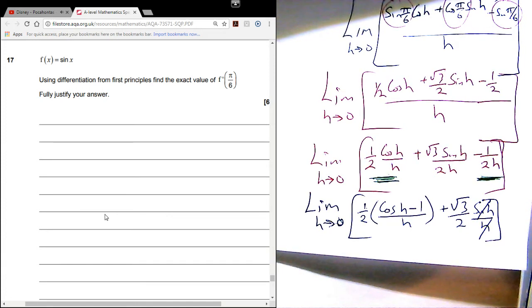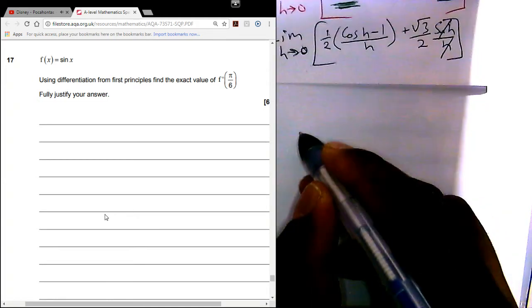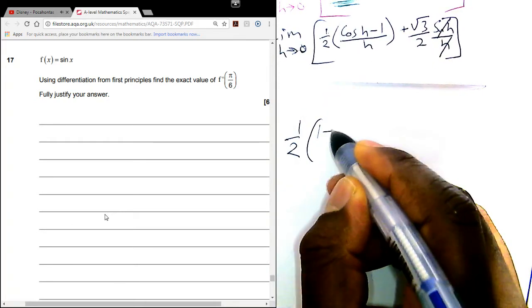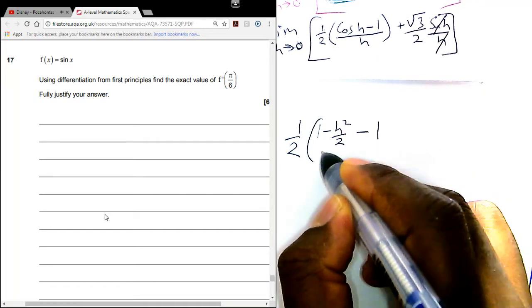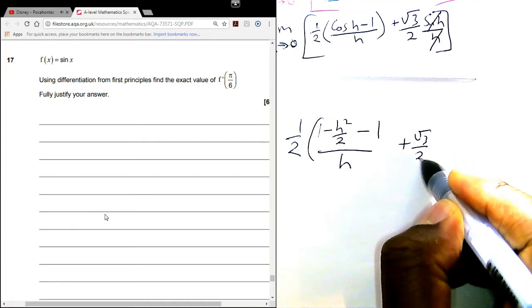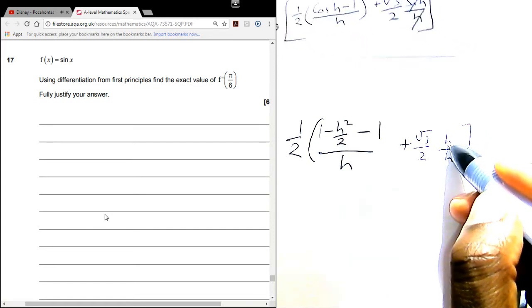And so if you throw them into that, you'd have 1 over 2, 1 minus h squared over 2 minus 1 over h, and you have plus root 3 over 2 h over h. That's the sine h that has become h.